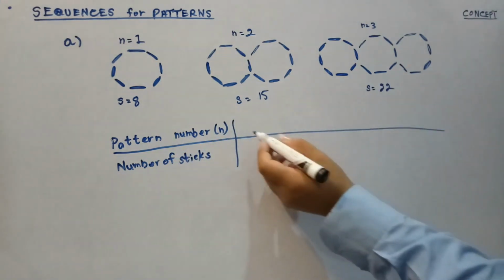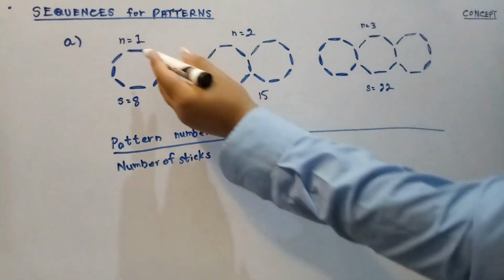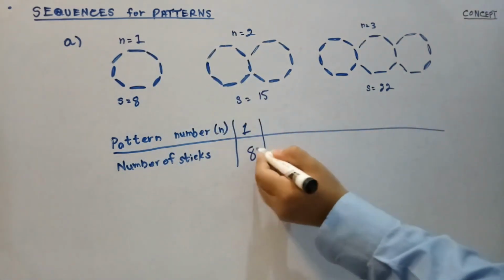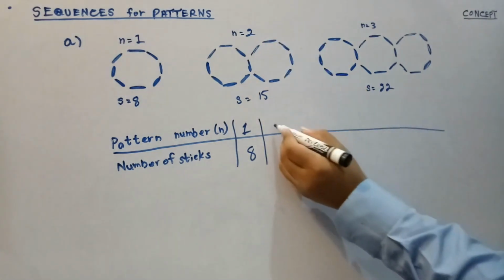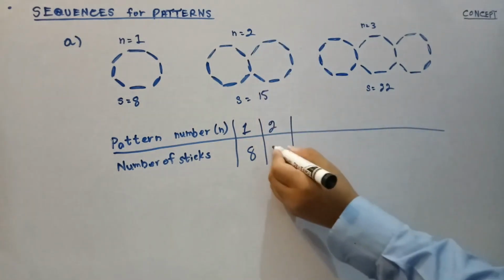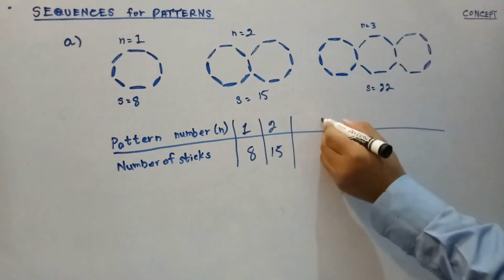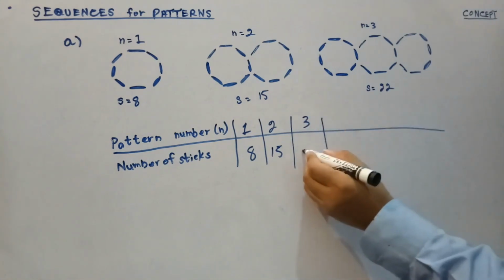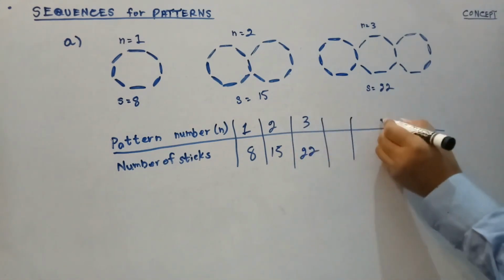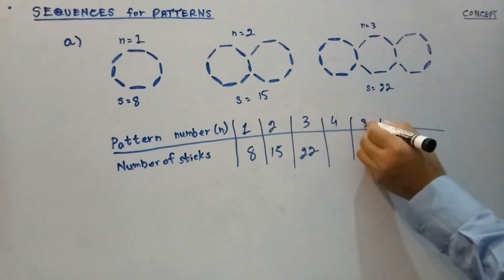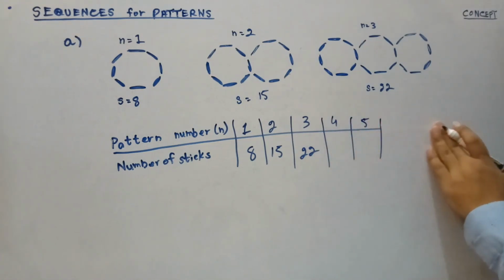It means that if we have the first pattern, this one, we have 8 sticks. In the second pattern we have 15 sticks. Similarly, in the third pattern we have 22 sticks. Similarly, we have to find it for the fourth and fifth pattern.